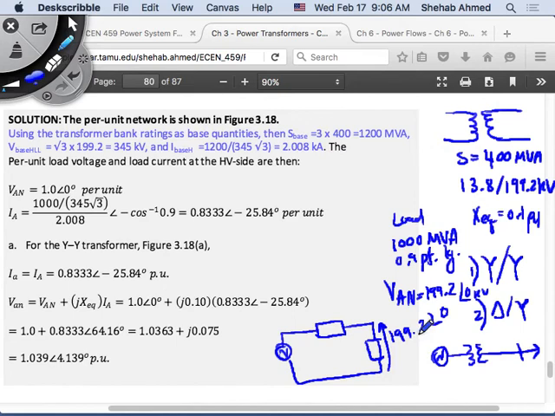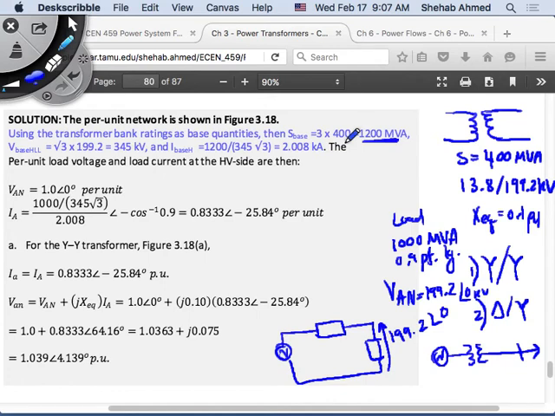But remember, the impedance is given in per unit, so I'm probably going to have to solve this in per unit. I will have to find a base for the voltage and convert this to a per unit quantity. They chose the bases using the transformer bank ratings as base quantities, so S base is 1200 MVA.